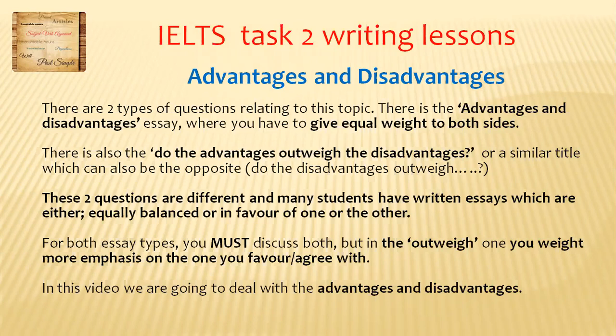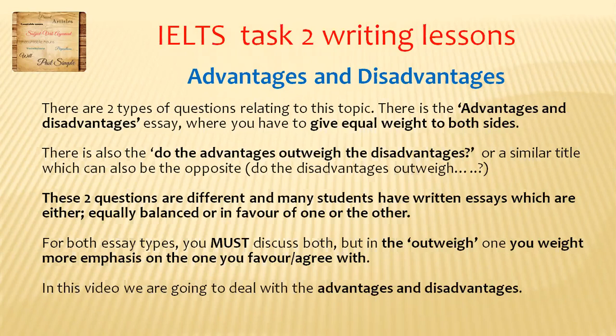The only difference is that your essay will be more weighted in favor of what you agree with. So, for example, do you think the advantages of homeschooling outweigh the disadvantages? If you think they do, you could explain why.